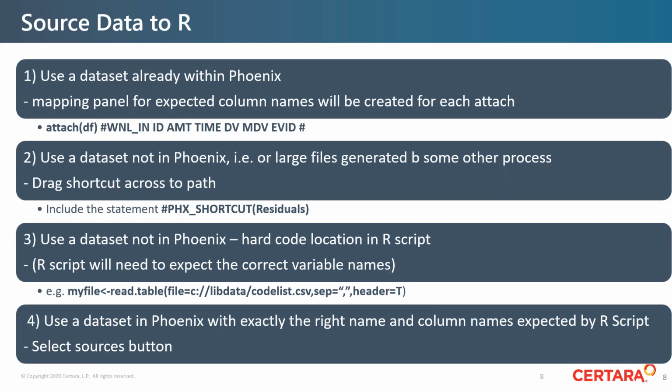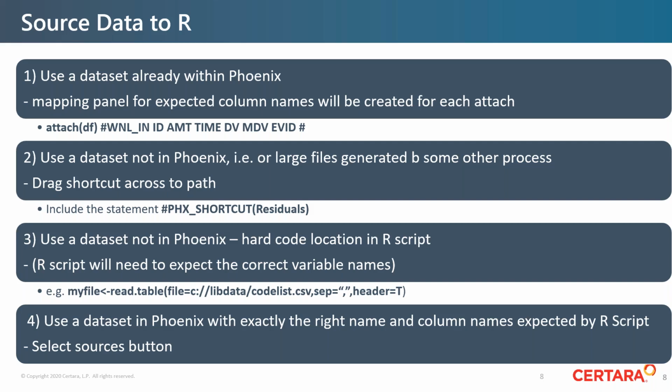Okay, so there's a few ways to use R from Phoenix, and really the differences are on how you provide data to R. So most commonly, and the one I find the most sort of transparent, is when I'm using a data set already within Phoenix. I can create a mapping panel by putting at the beginning of my R script an attach statement, and then Phoenix will pass that piece of code and produce a mapping panel with the expected column names for each attach statement you've put in.